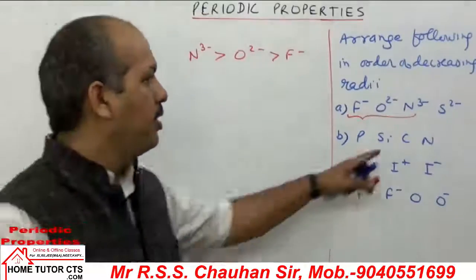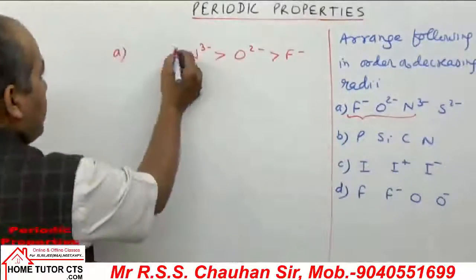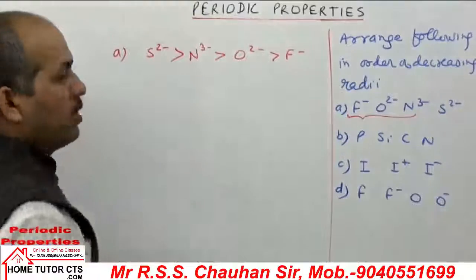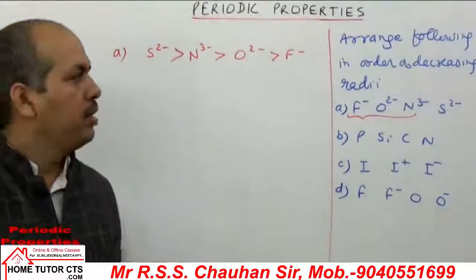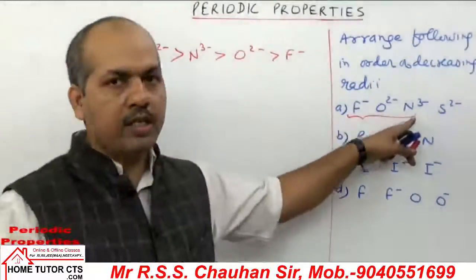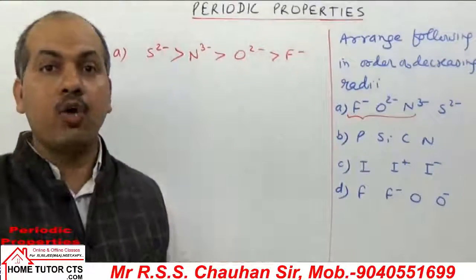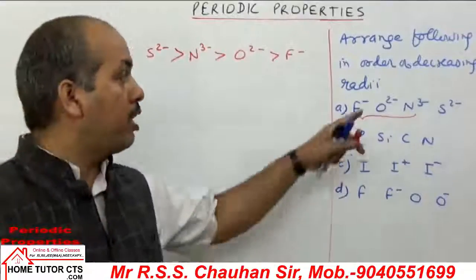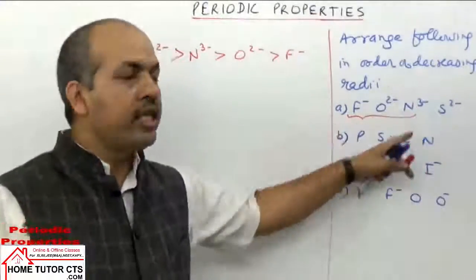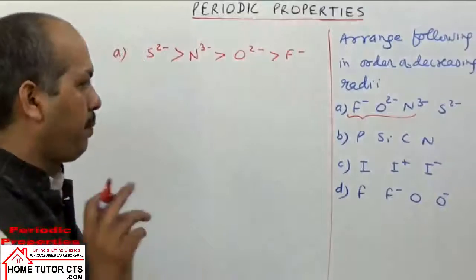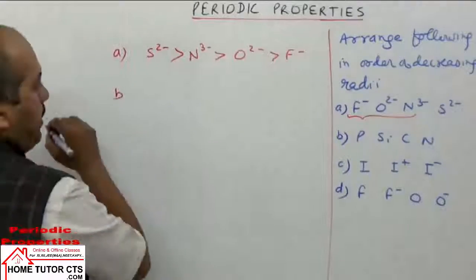In sulfide ion, the size is much bigger, because in sulfide ion they have an extra shell. The others have configuration up to 2p6, but sulfide has configuration 3p6. An entire shell is extra, so the size of sulfide ion becomes bigger than the size of all the given ions. Understood? Now bit B.